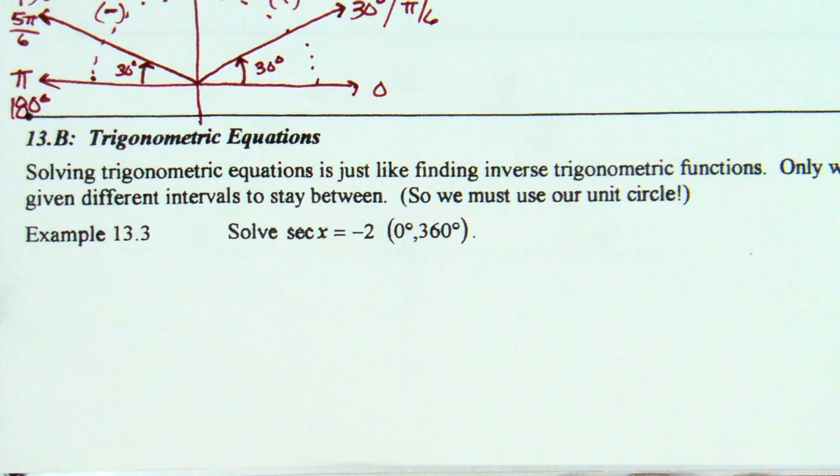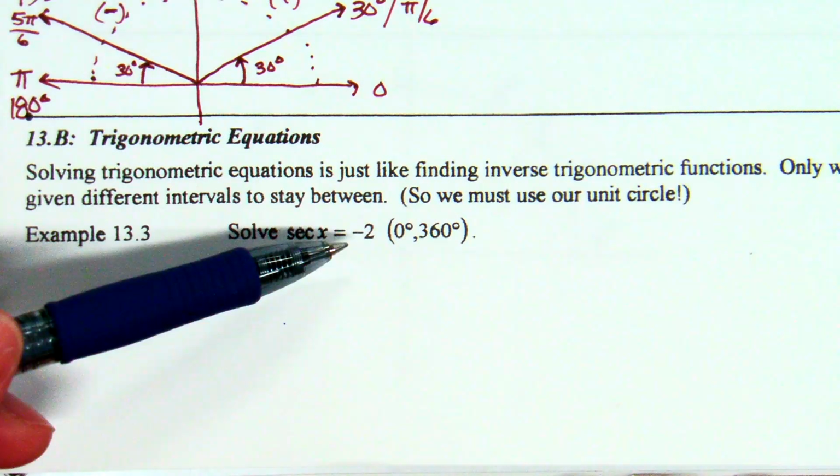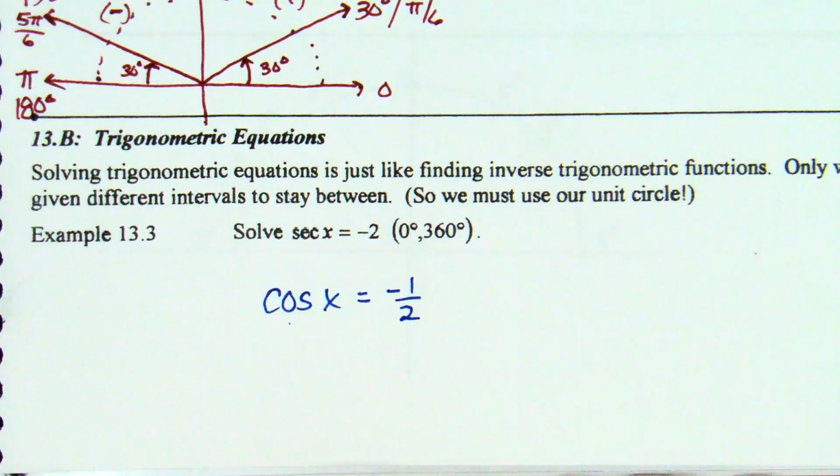So secant and cosine are reciprocals, yes? So if I change this secant to read cosine, what's that do to this -2 over here? Makes it -1/2. So what I would change this equation to read is cosine x equals -1/2.